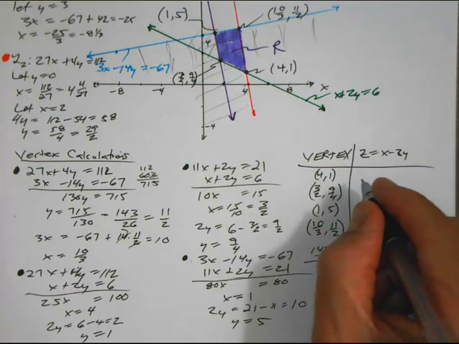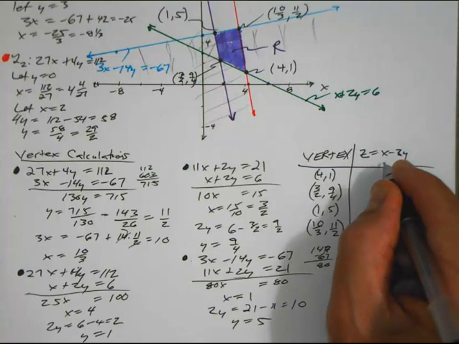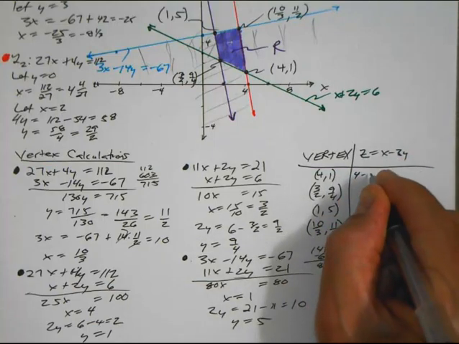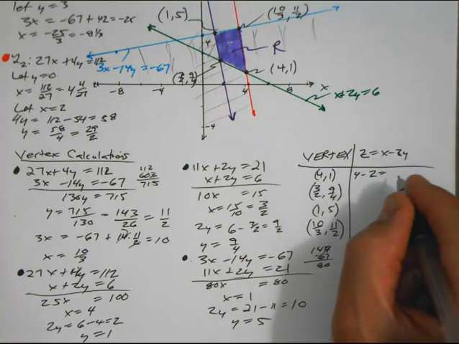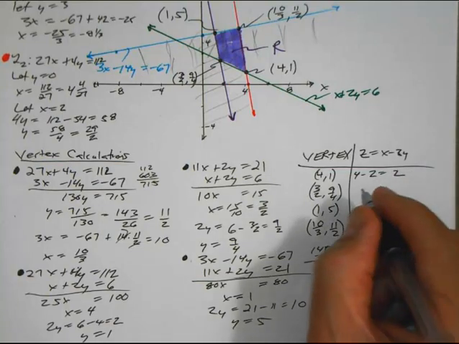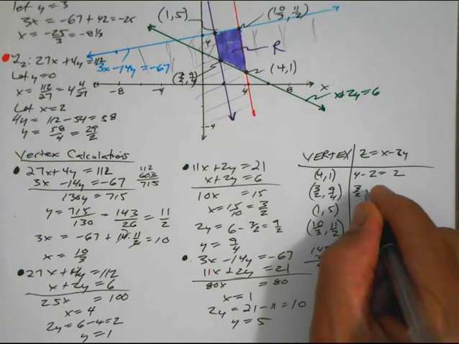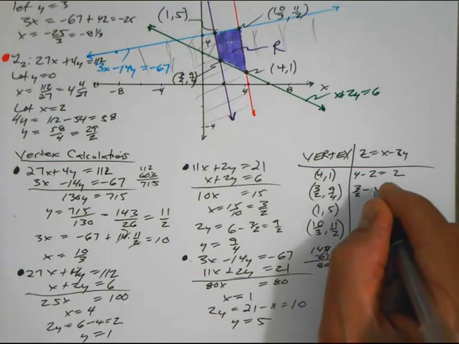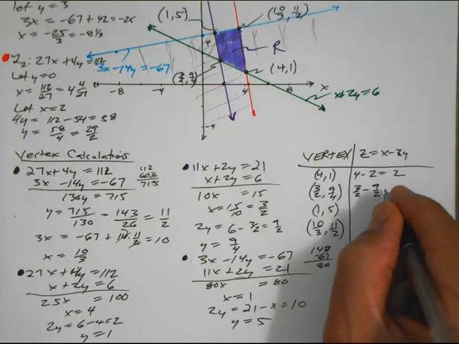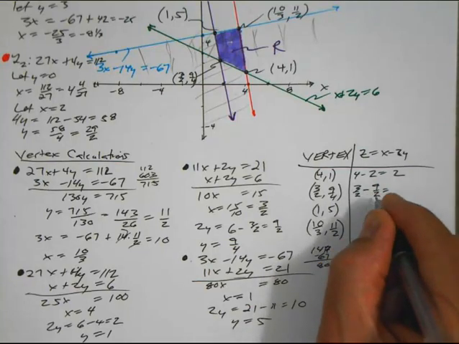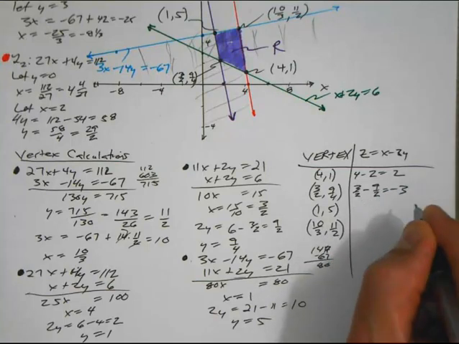Alright, starting here, x minus 2y. That's 4 minus 2, known as 2. Okay, here, x minus 2y. 3 halves minus 2 times 9/4, okay, 9 halves. And that will give us, let's see, negative 6 halves, negative 3.